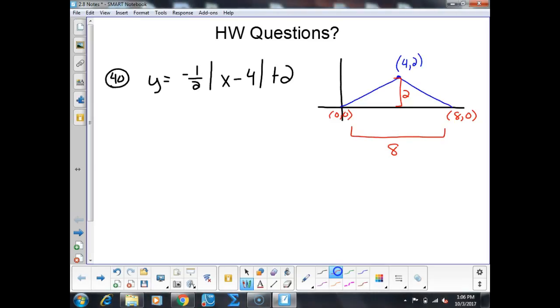Okay? Other questions? Yes, ma'am. Number 39 gave you a building that was in the shape of an absolute value graph.